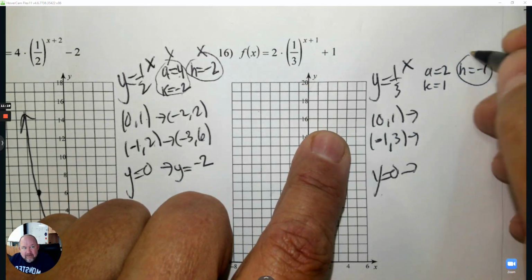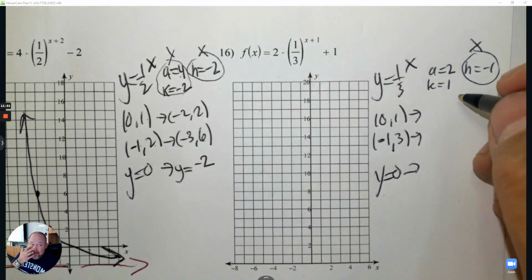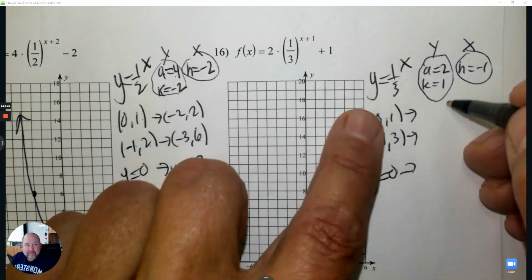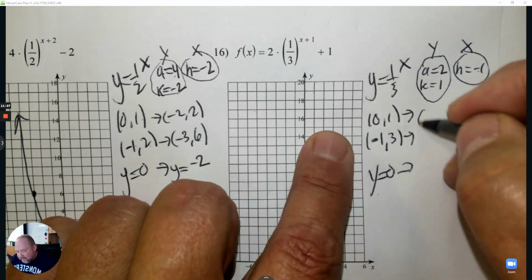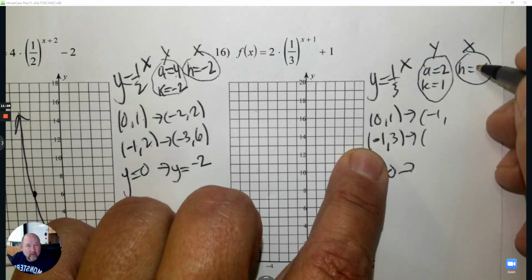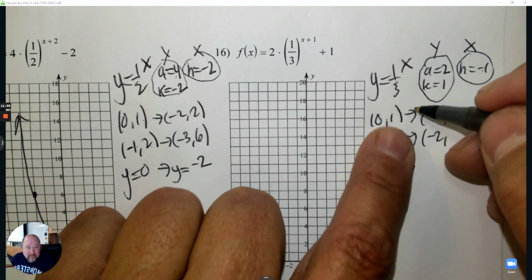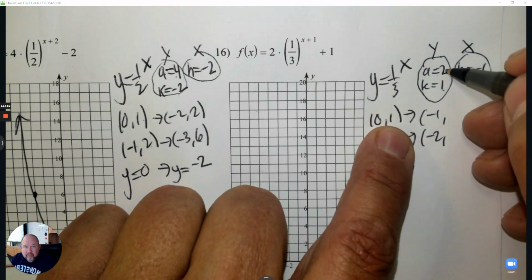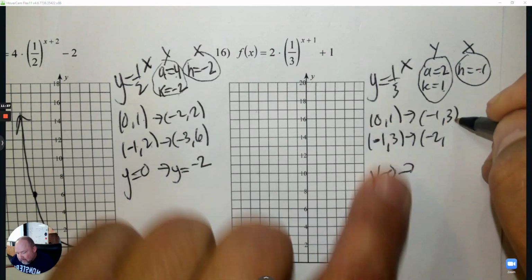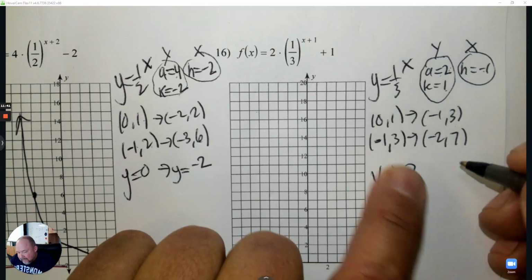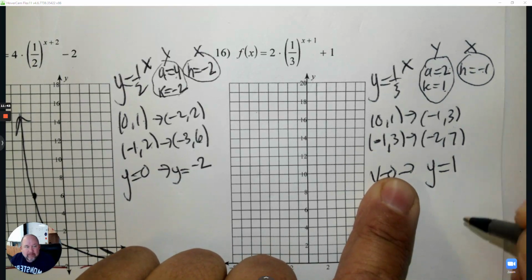So the x gets changed with the h, and the y gets changed with the a and k. So 0 take away 1, negative 1 take away 1, and then the y coordinate. We're going to multiply and then add. So 1 times 2, and then add 1 more. 3 times 2, and then add 1 more. And then whatever the k value is where my asymptote is.